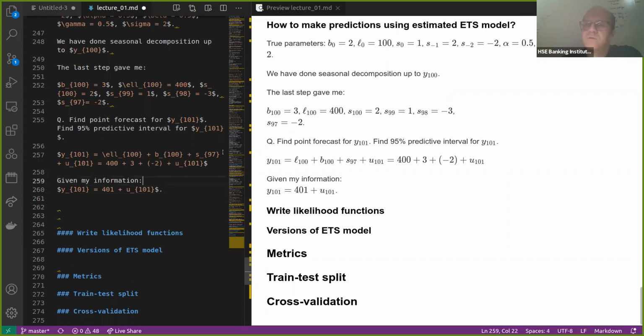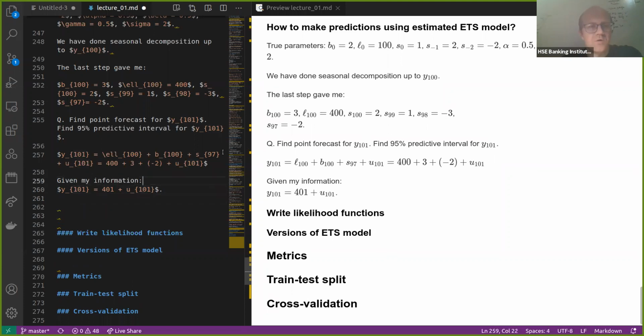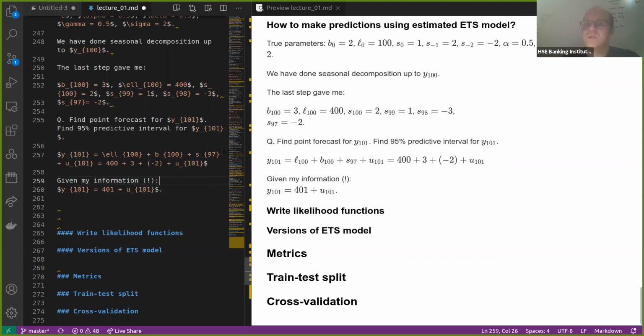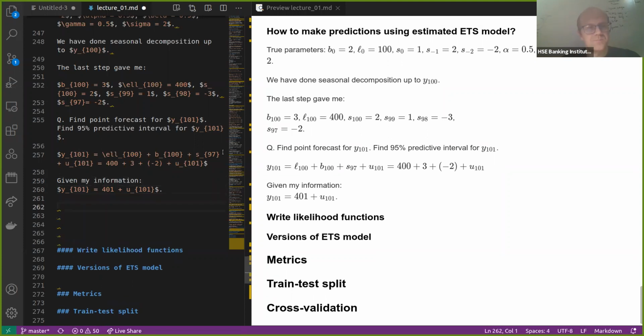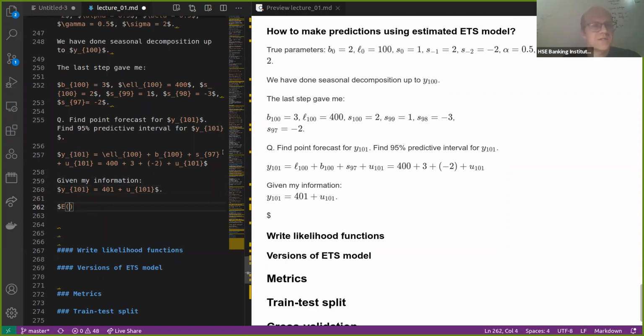So given my information, and that's important, given my information. Maybe I will even write something like this. What is the expected value of Y101? And then I will write here something like calligraphic F100.